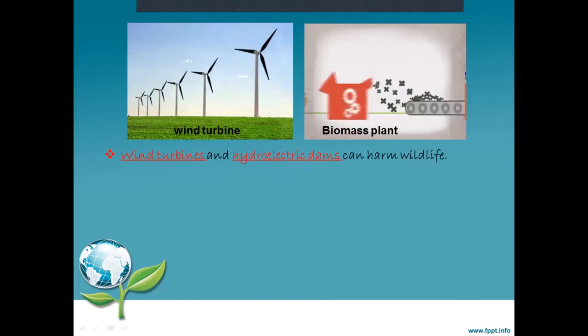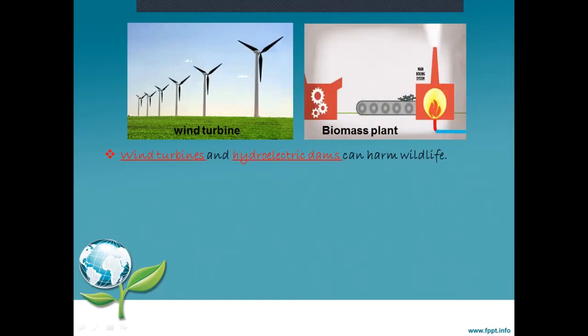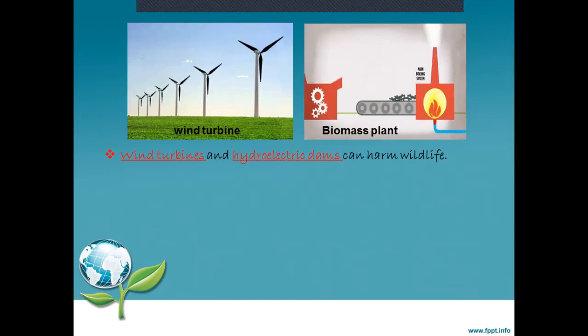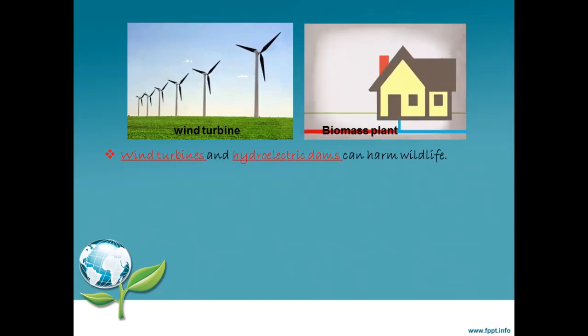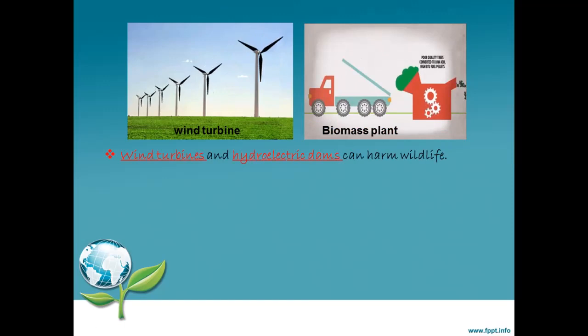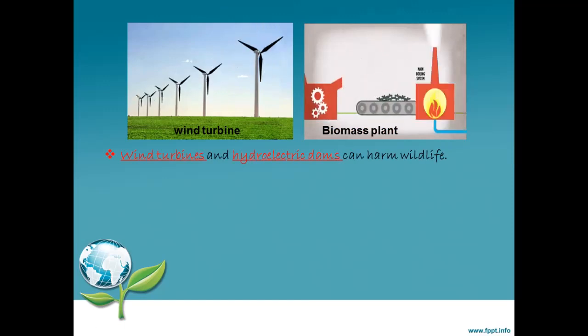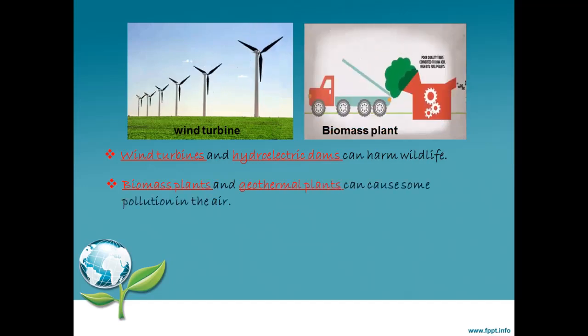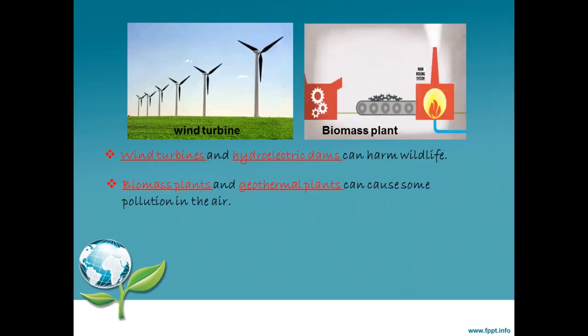Wind turbines and hydroelectric dams can harm wildlife. Building a dam, grade 4, blocks the fish migration, or fish and other organisms can be injured and killed by the turbine's blades, and it destroys forest or wildlife habitat. And then we have biomass plants and geothermal plants that can cause some pollution in the air. We know that burning biomass emits a large amount of pollutants.